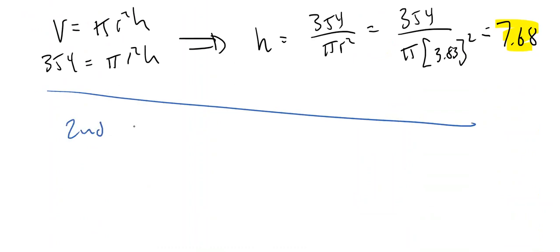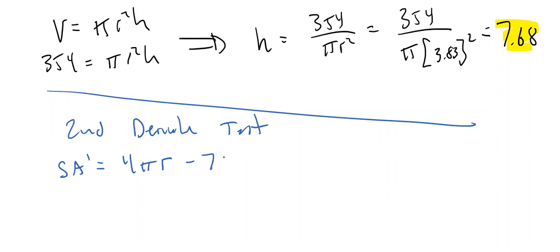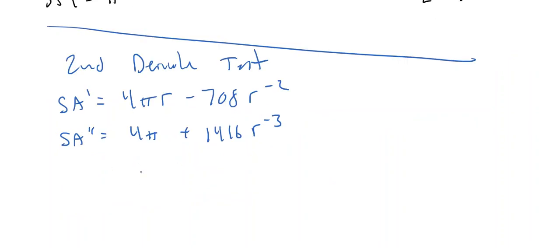And so for the second derivative test, you start with your first derivative, 4 pi r minus the 708 r to the negative 2. And you find the second derivative, which in this case is going to be 4 pi plus 1416 r to the negative 3, which would be 4 pi plus 1416 over r cubed.